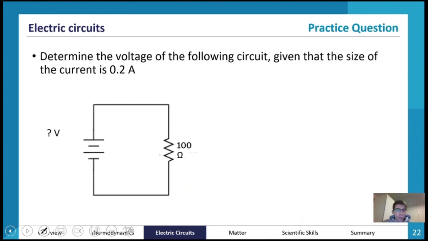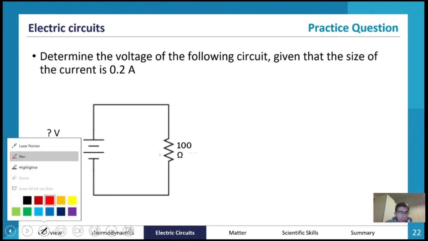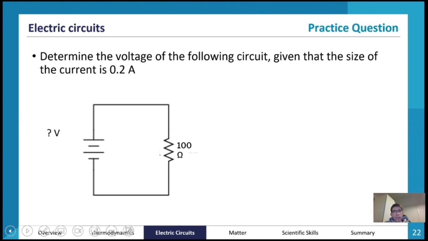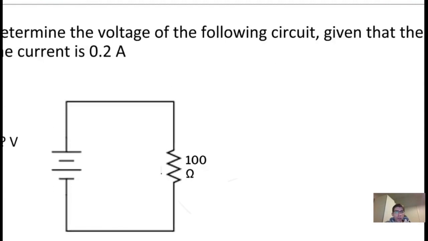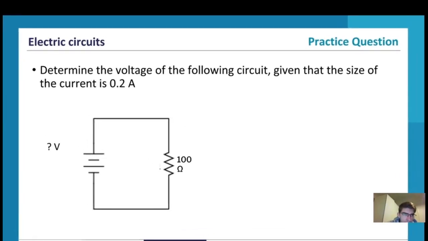So let's use the equations that we saw to understand how to solve circuit problems. The first question here is determining the voltage of the following circuit given that the size of the current is 0.2 amps. So how do we do that?